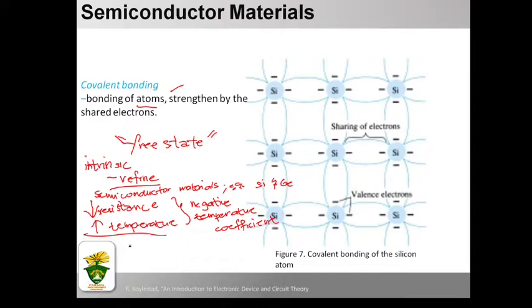On the other hand, conductors are said to have a positive temperature coefficient because as the temperature rises, the resistance also increases. This would be called a positive temperature coefficient.